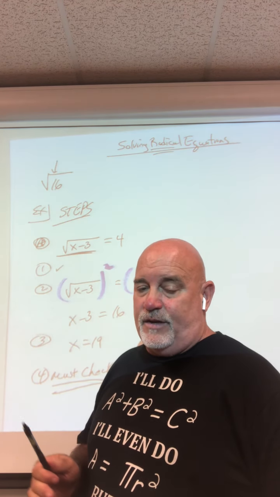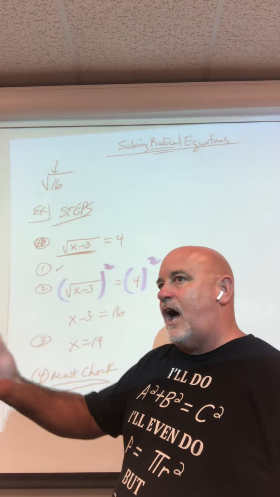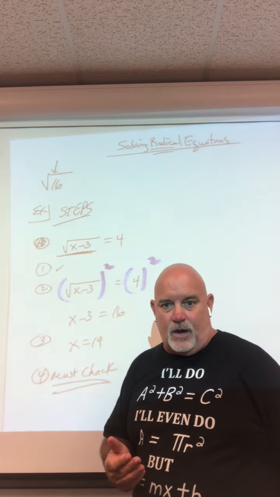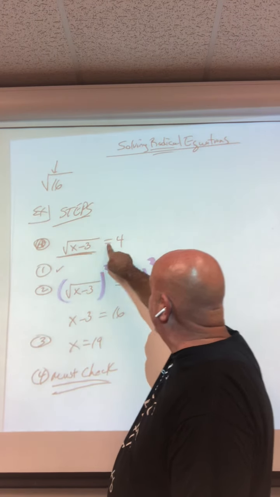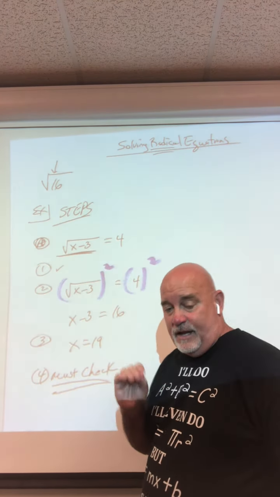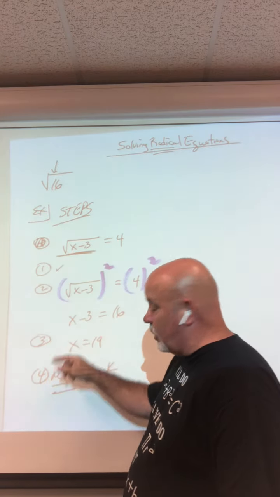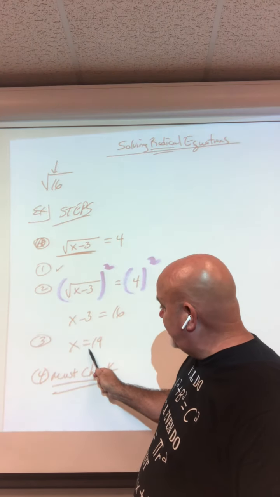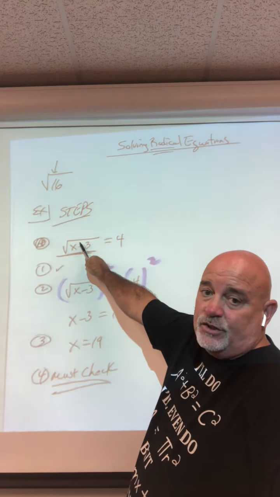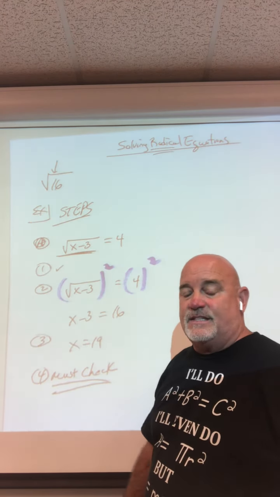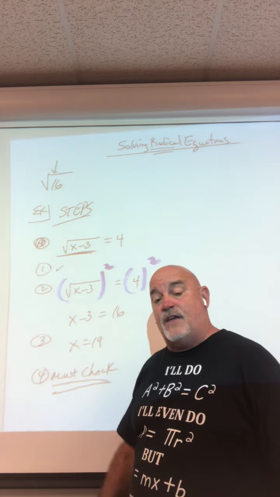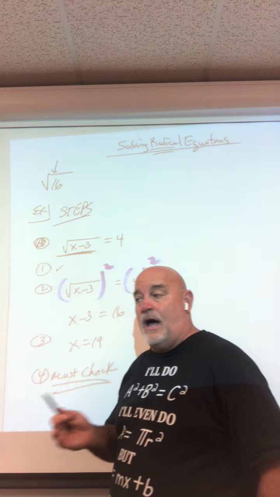But it doesn't happen every time. And there are things that cause it to happen that I'm not going to go into. But every radical equation that we solve in here, notice I didn't circle that answer. We have to check that back in the original problem before you touched it, plug that number back in and see if it makes it true or not.